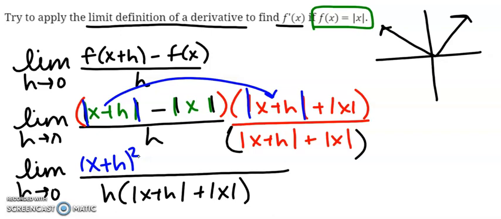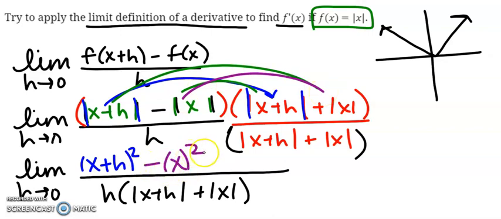So still, x plus h squared. Our outside, inside terms are going to cancel out, and then negative absolute value of x times positive absolute value of x will be negative x squared. All right, so now if I do direct substitution, I still have 0 over 0.